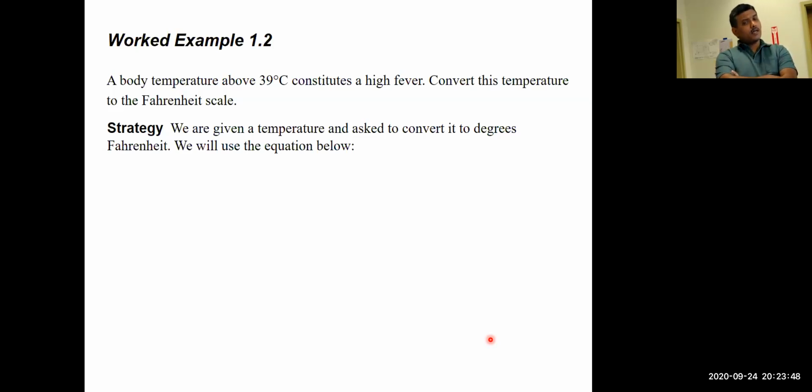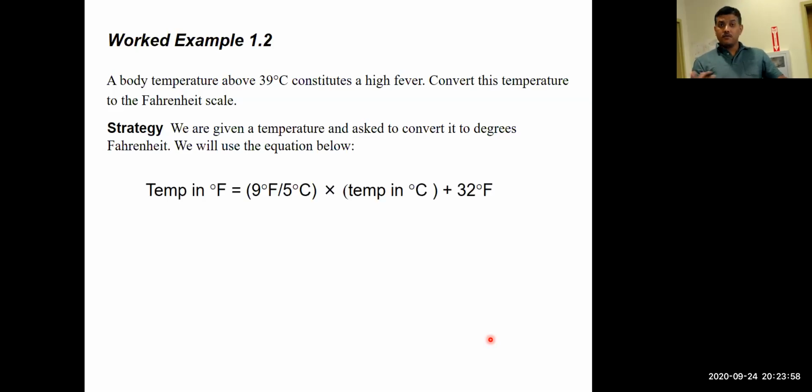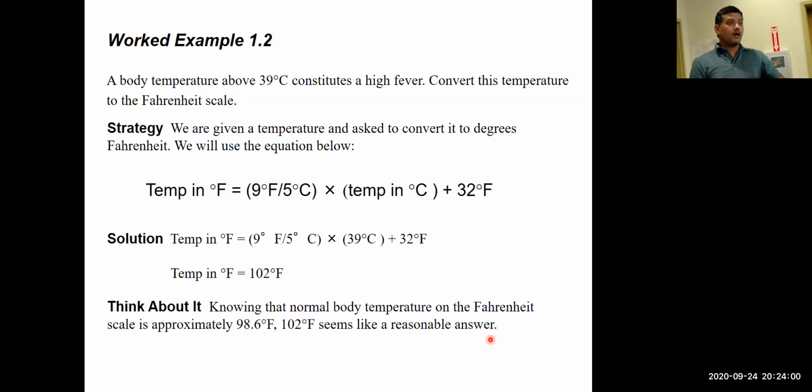You were asked to find the Fahrenheit temperature, so we simply multiply 39 degrees by 9/5 and add 32 to it to get the new Fahrenheit temperature. Now plug in those numbers, you should be getting 102. That is definitely a high fever. So if it takes 39 degrees Celsius or 102 degrees Fahrenheit, both are considered high fevers. Not healthy.